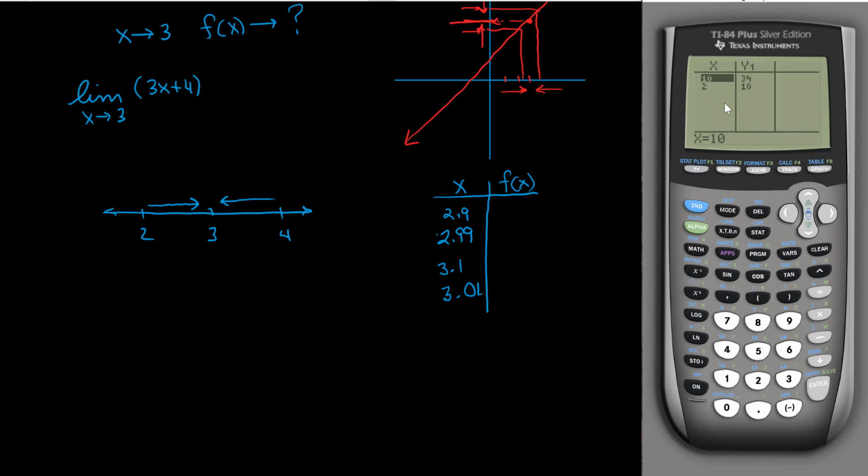Once I'm in the table function, I may have stuff laying around from a previous evaluation. I'm just going to press the delete key to get rid of those values. And what I can now do is, using the values on my table, for example, 2.9, I can enter that. 2.99, enter that.